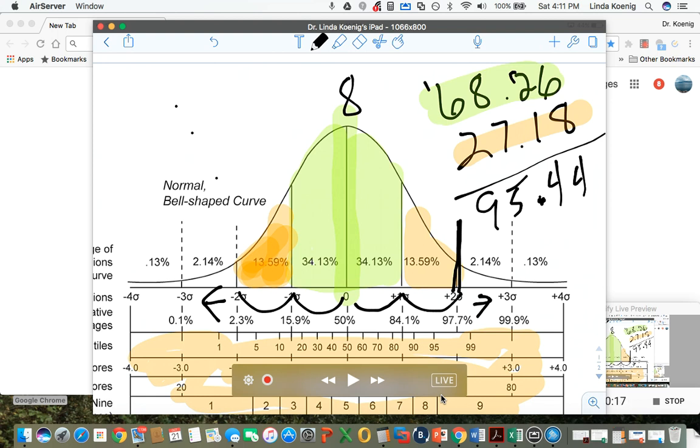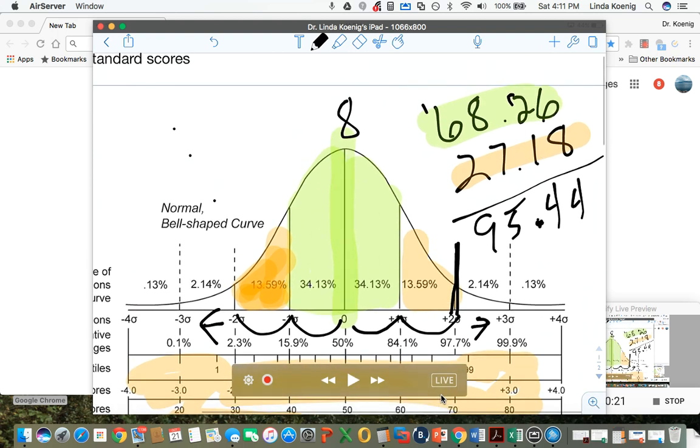Exceptionally small. Because according to this, only 2.14% of the population is going to fall in this area, below the mean or above the mean. If we were to print this paper out and we were to fold it over right down the center line, it would be identical on both sides.